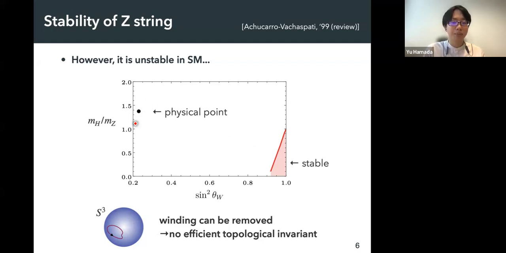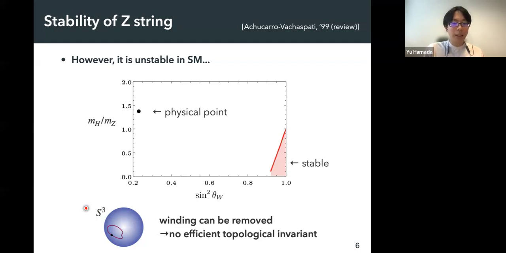It's unstable, unfortunately. And this is actually easy to understand, because in the standard model the symmetry breaking structure is SU(2) times U(1) into U(1) electromagnetism. That means the vacuum of the standard model is given by S^3, a three-dimensional sphere.